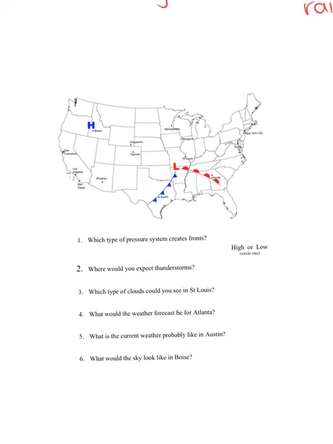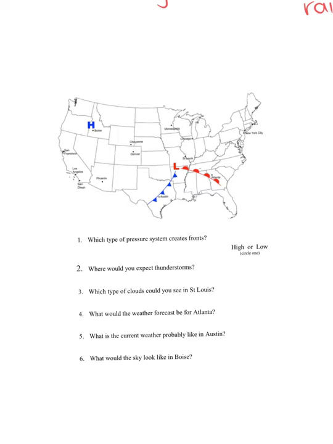There we go. Okay. So one thing that's important to remember, or maybe a reminder for us all, is the direction that these fronts are going to move around this letter L. The direction of a cold front and warm front around a low pressure system is in a counterclockwise motion. So they're going to be moving in this direction.